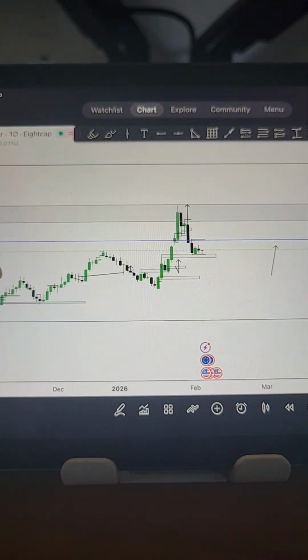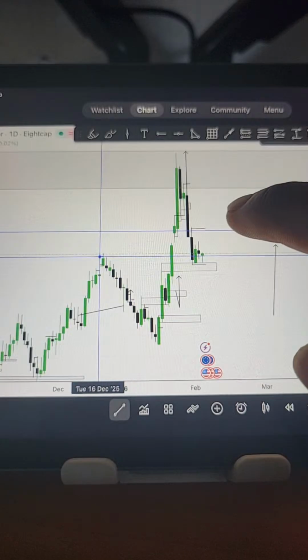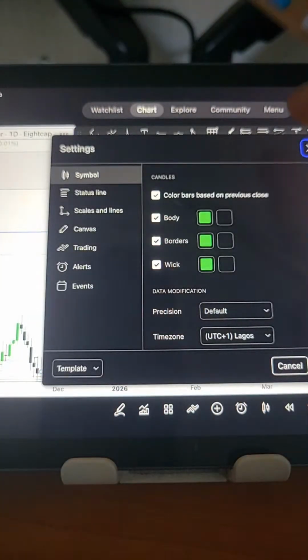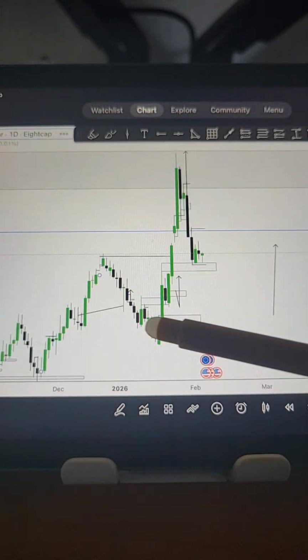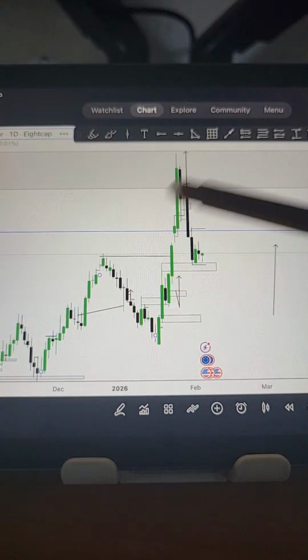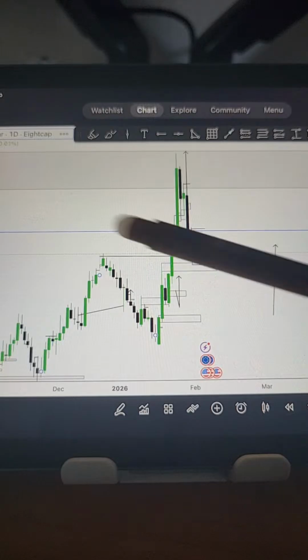So for now, Euro USD is bullish, guys. It's bullish because you can see there was a break of structure here. Price from here broke structure to the upside. So we are bullish. And now there's a pullback to this key level.